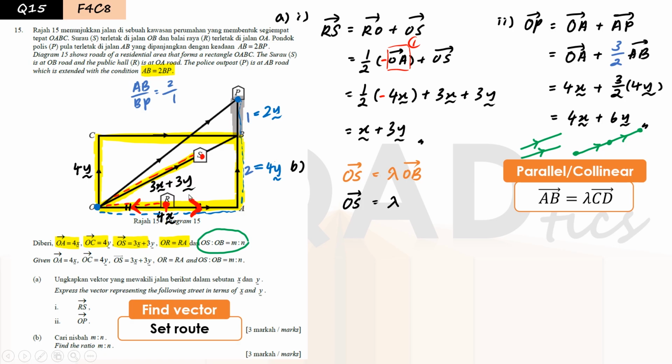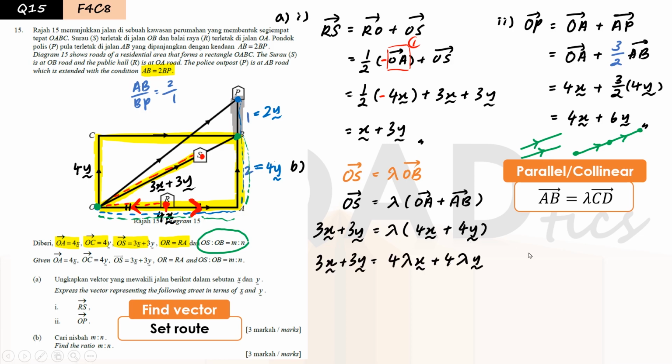So OB here, from here to here, quite straightforward, I think. So O to A, and then A to B, right? So OB here would be O to A, and then A to B. And O to A, we have the vector already, which is 4x, and AB is 4y, right? So we can just substitute the values that we know of, and then I'm going to multiply this lambda into the bracket here.